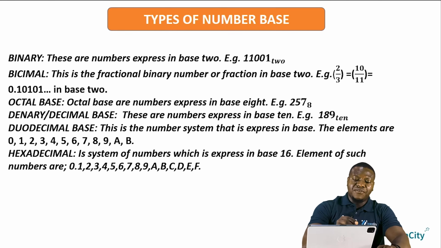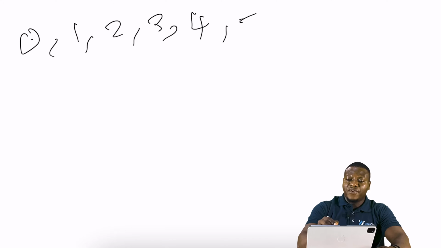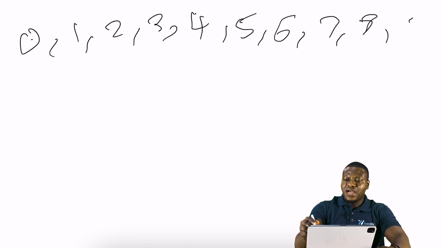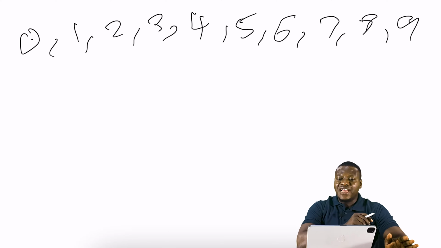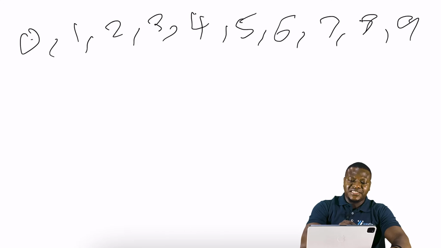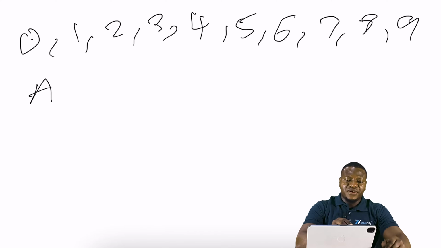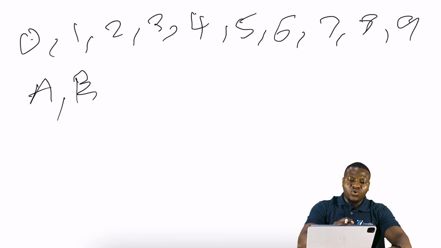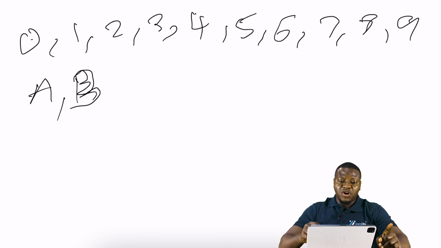So there we have 0, 1, 2, 3, 4, 5, 6, 7, 8, 9, and instead of writing 10, we will represent 10 as A, and instead of writing 11, we will represent 11 as B. So in duodecimal, the maximum number you have there is B, which represents 11.